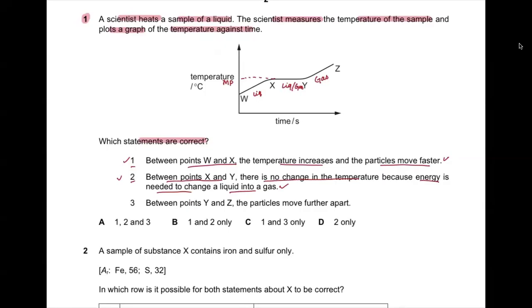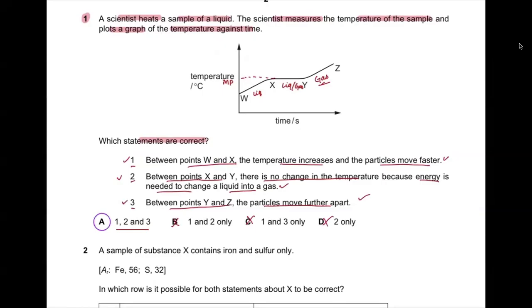That's what is happening because when a liquid is changing into a gas, the temperature stays constant. Now point 3, between points Y and Z, the particles move further apart. Yes, because it becomes gas, so the particles move further apart. So all 3 points are correct, so it means it's A. B, C, and D go wrong, and the correct answer is A.